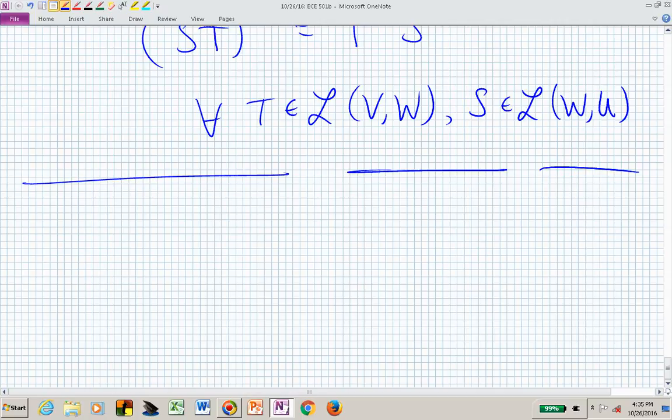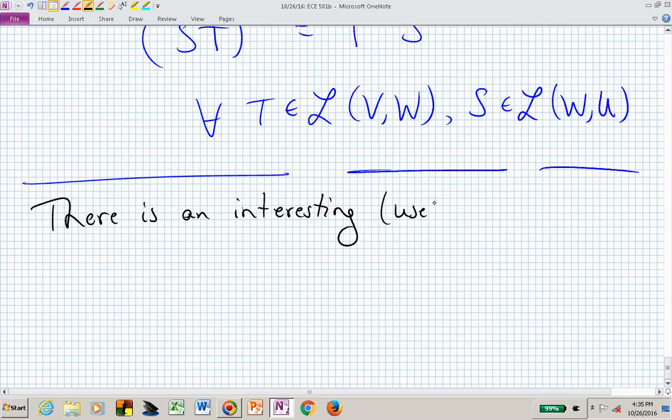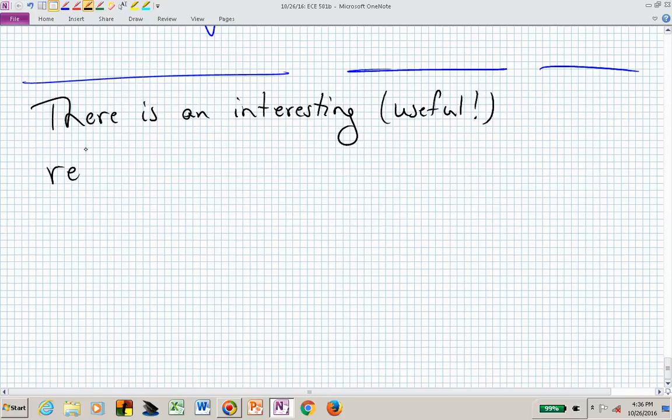Those are now properties of adjoints. Let's look at a connection between adjoints and linear maps. And I don't want to hear your interpretation of interesting or useful, just accept that. So now we'll just say there is an interesting or useful relationship. Obviously that's up for interpretation, but let's just accept it.